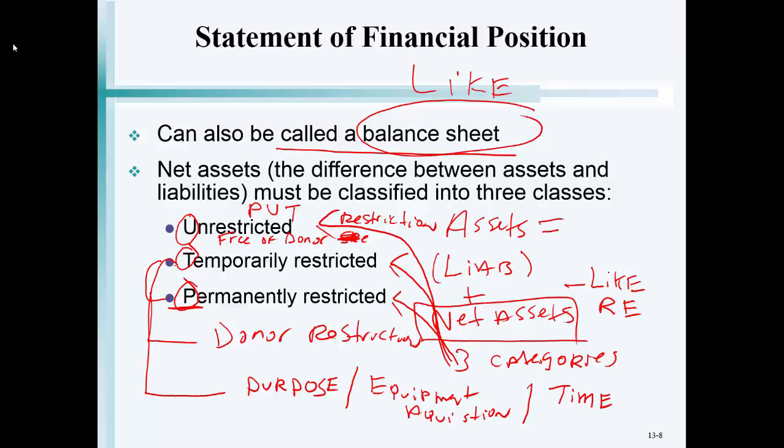Another type of temporarily restricted, when we're dealing with some action of the not-for-profit, is equipment acquisition. Sometimes people will give money to a not-for-profit and say, I want you to build a wing on the hospital and I want you to put my name on that wing. So they make a contribution for a long-term purpose like what?